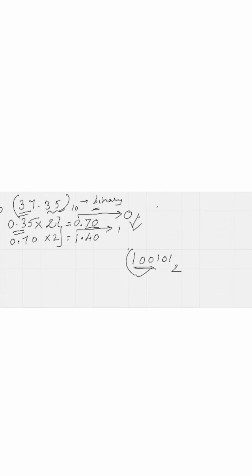So the fractional value for the given decimal is 0 1, and like this you write it and put the base value as 0. This is the thing you have to remember. Like this only we have to do the operation.